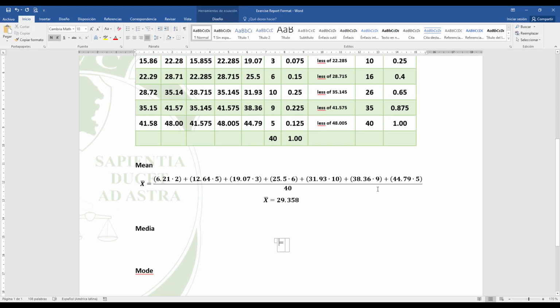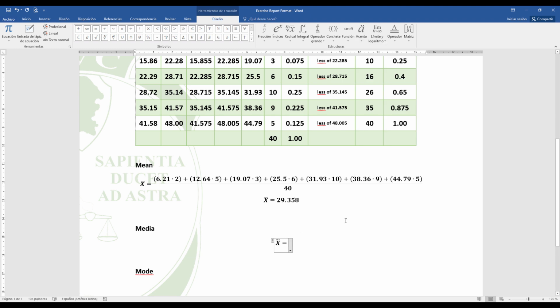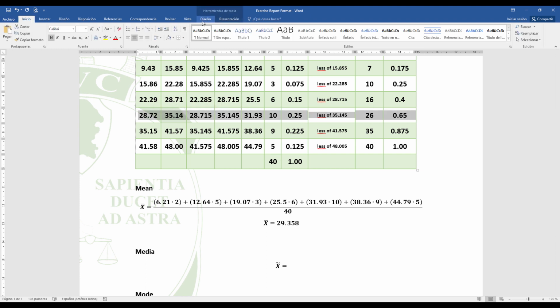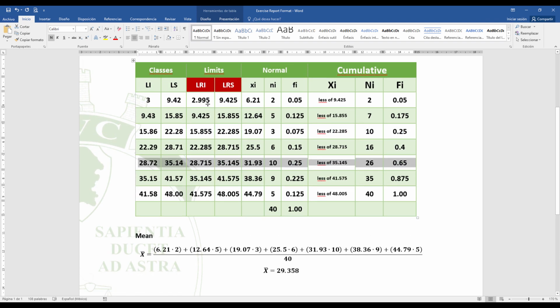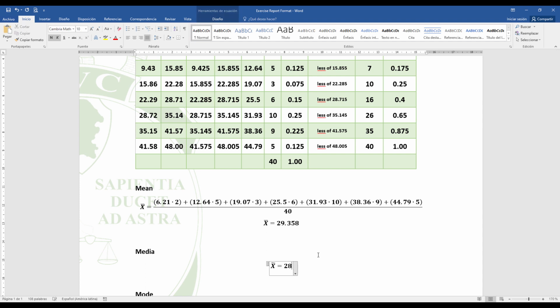So the median is equal to, if you choose that row, you need to select the lower real limit of that class, so it's 28, plus a division.